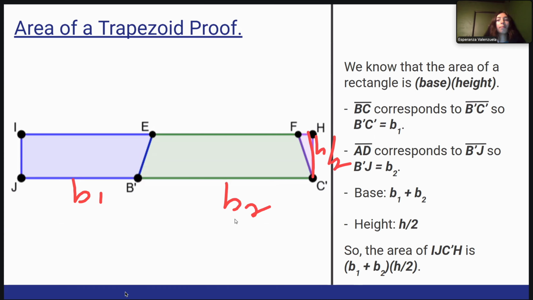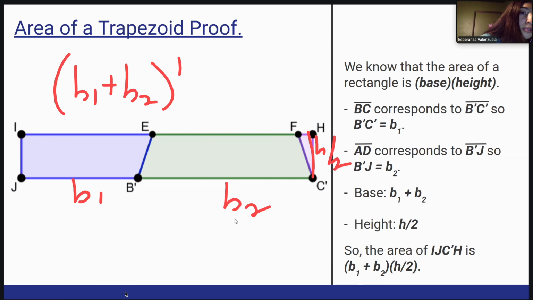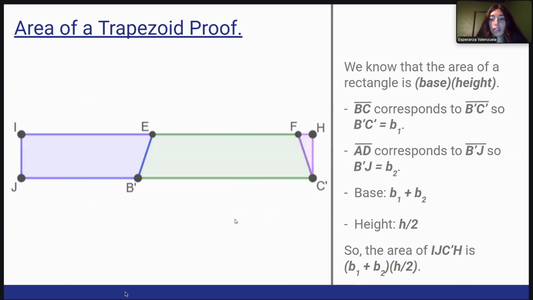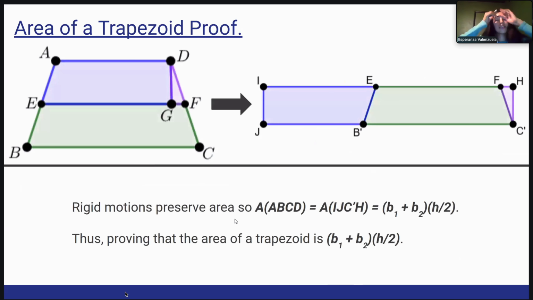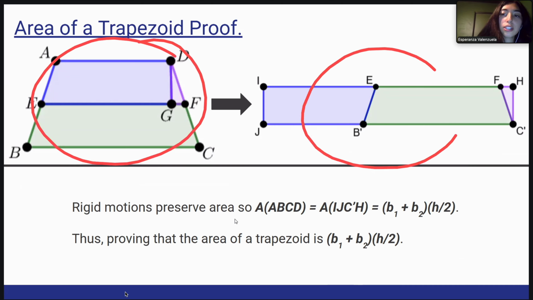And we know that the area of a rectangle is base times height. So we know that the area of this rectangle is b1 plus b2 times h over 2. And since rigid motions preserve area, we know that this holds, but really, we know that this trapezoid is equidecomposable to this rectangle, since all we did was dissect it and apply rigid motions.